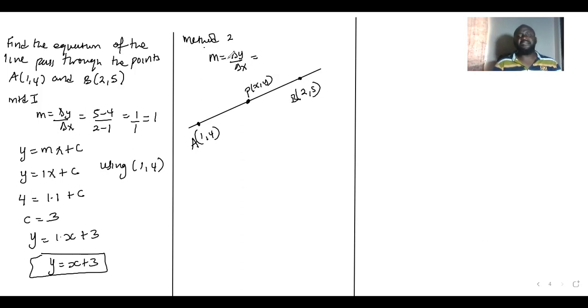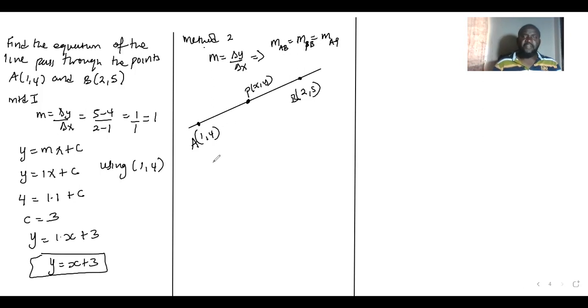So the gradient of AB is the same as gradient of PB is the same as gradient of AP. Those gradients are the same.